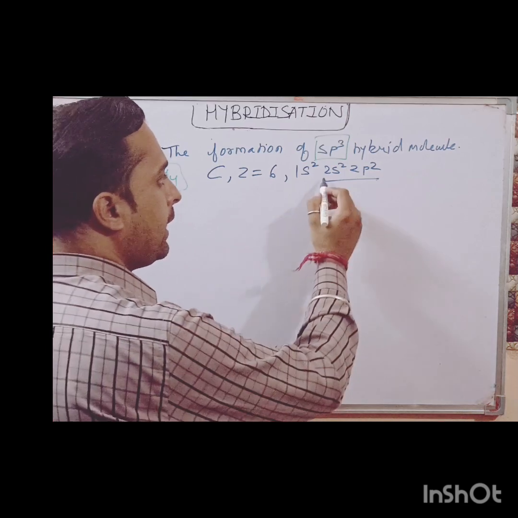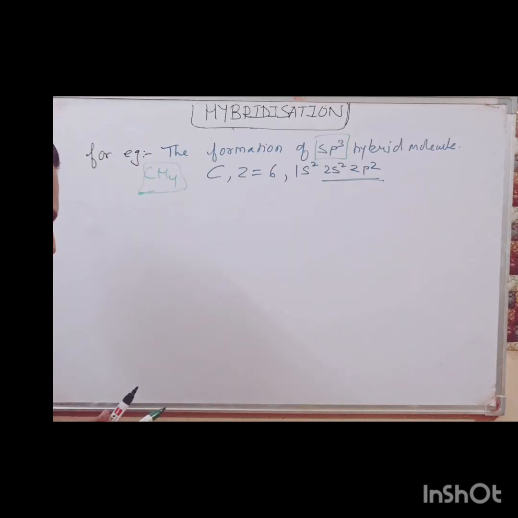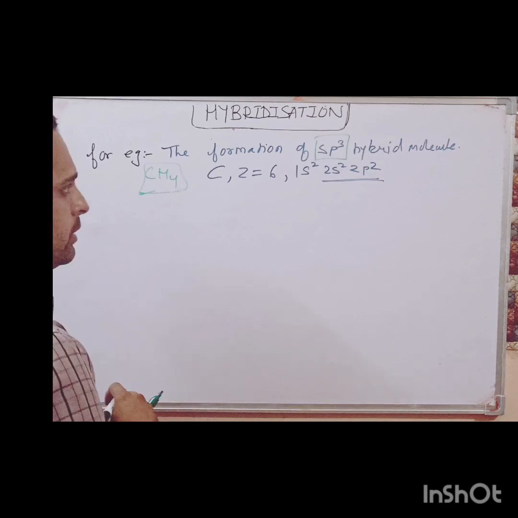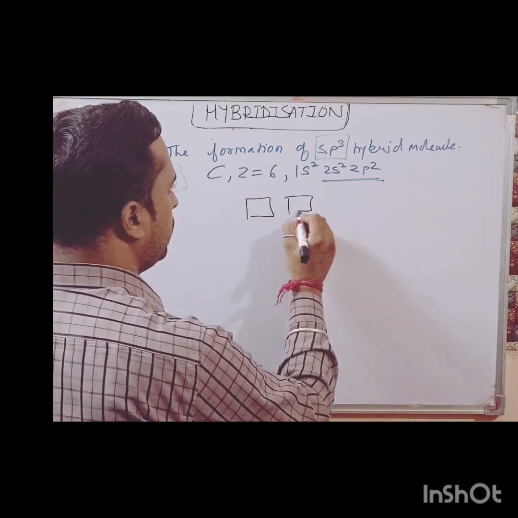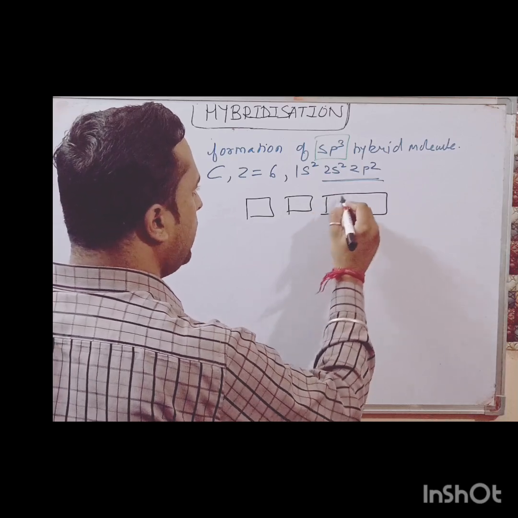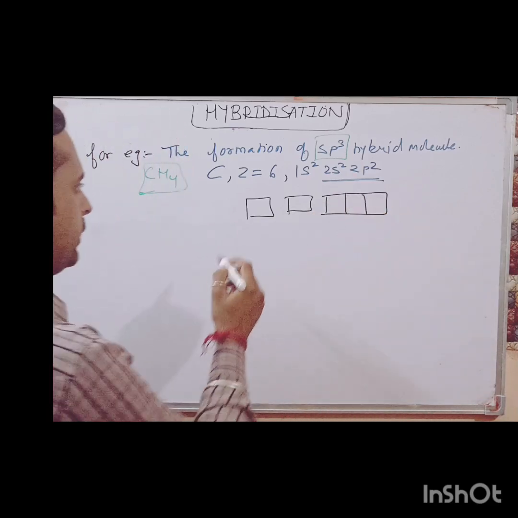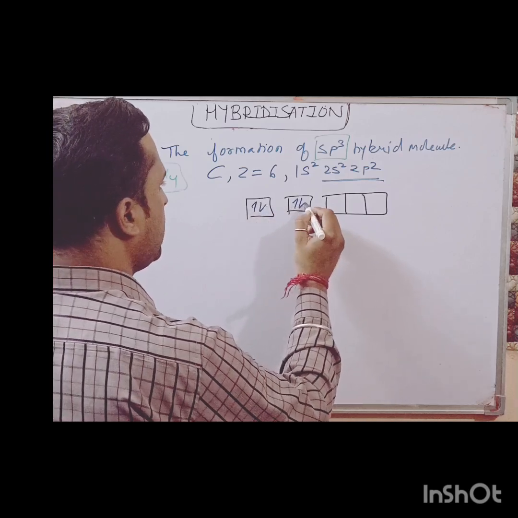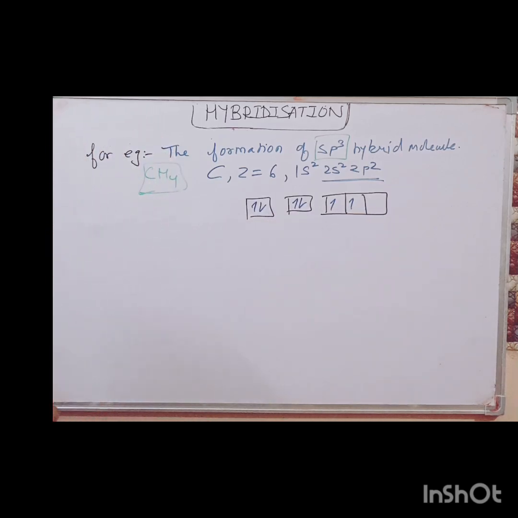In the last shell, there are 4 electrons present in the carbon atom. So what would be the filling of the orbitals? The electrons are filled in the orbitals 1s, 2s, 2p.